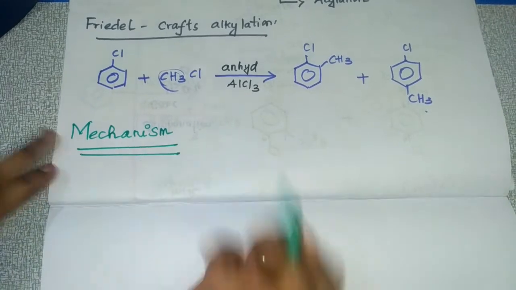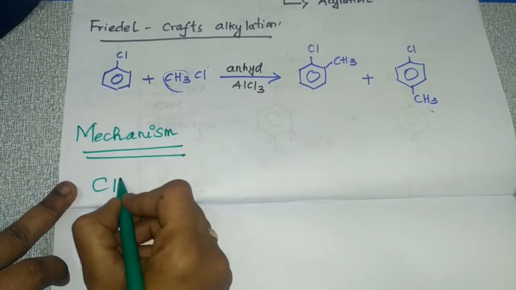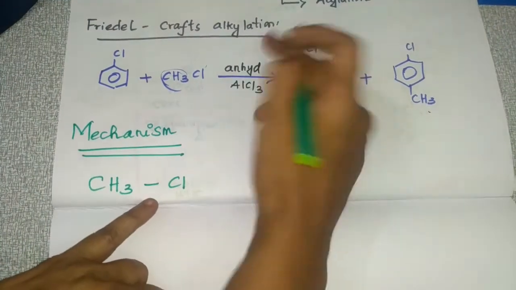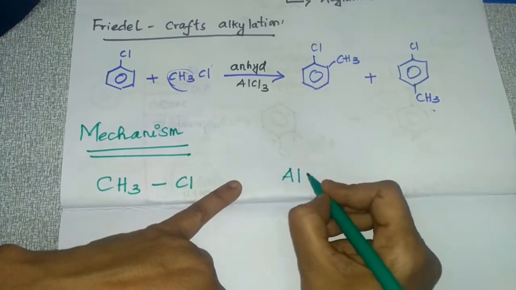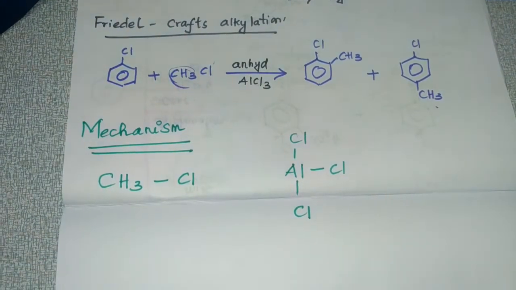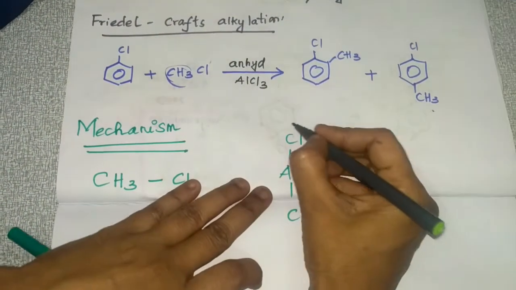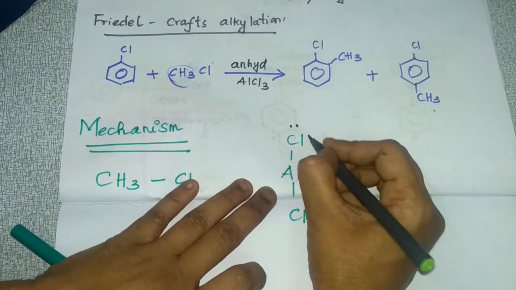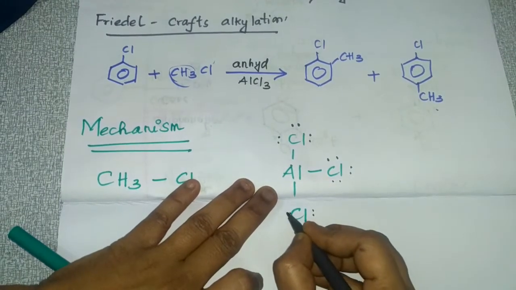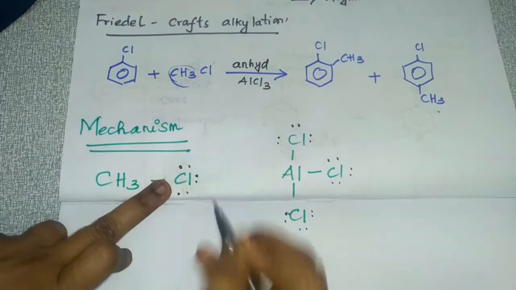Mechanism of this reaction. First we are taking the alkyl chloride, CH3Cl, and aluminium chloride, AlCl3. Here the chlorine will have lone pairs of electrons, and here also there will be lone pairs of electrons.